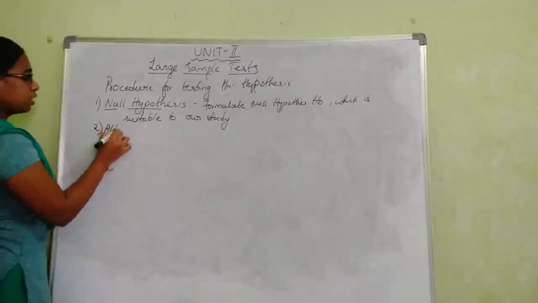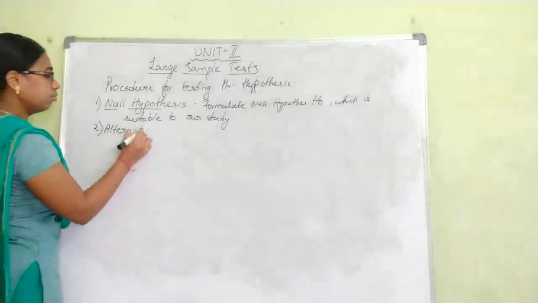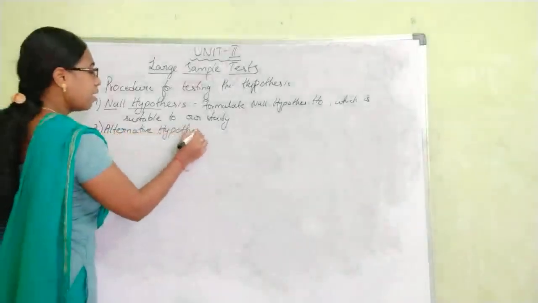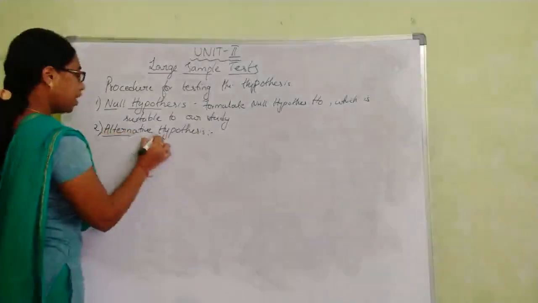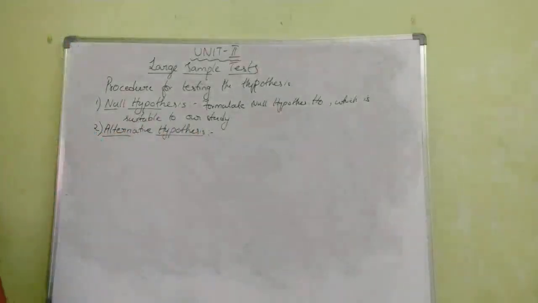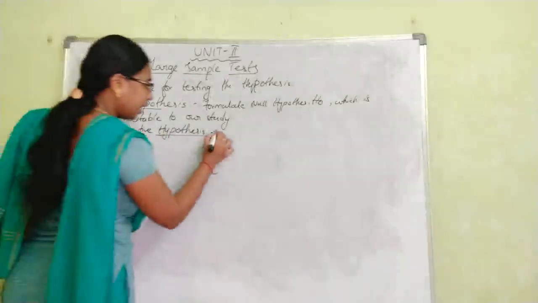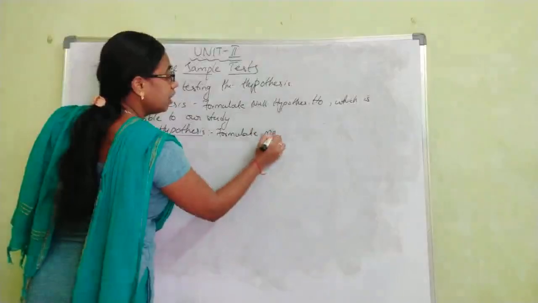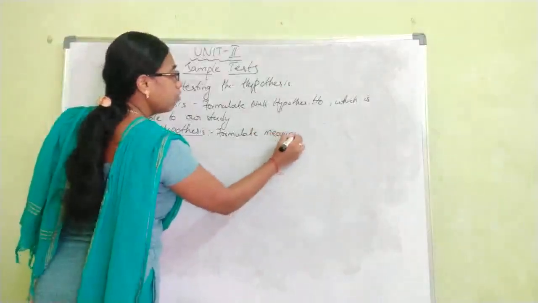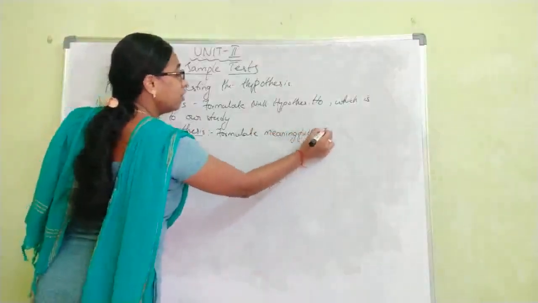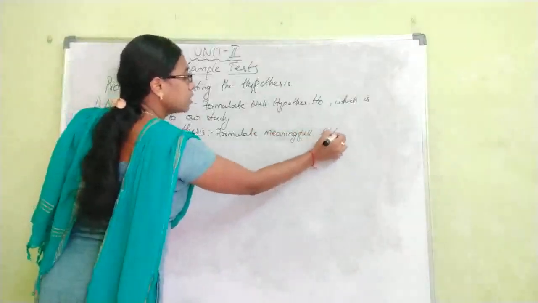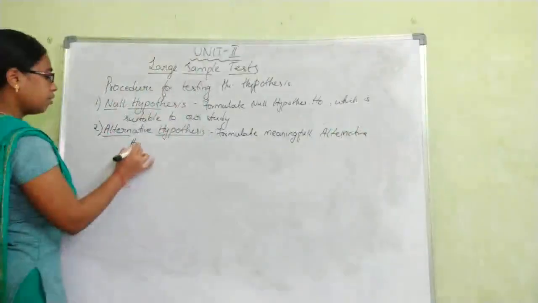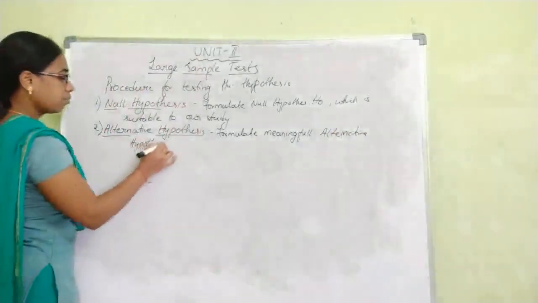Next, the second one is the alternative hypothesis. After writing the null hypothesis, we have to define the alternative hypothesis, that is, formulating a meaningful alternative hypothesis. This alternative hypothesis is denoted with H1.